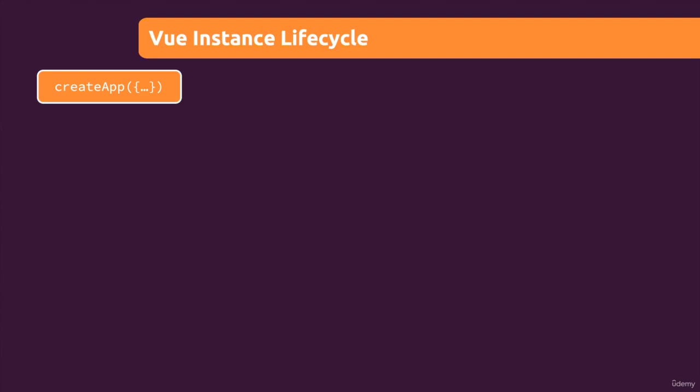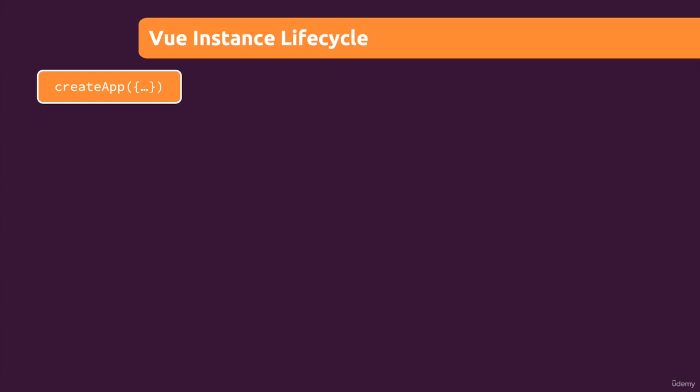Then, when it starts creating the app and starts bringing something onto the screen, it reaches a couple of points, a couple of lifecycle phases, which are also reflected in methods you can add to your Vue app configuration object to run code you might need to run at this point of time.